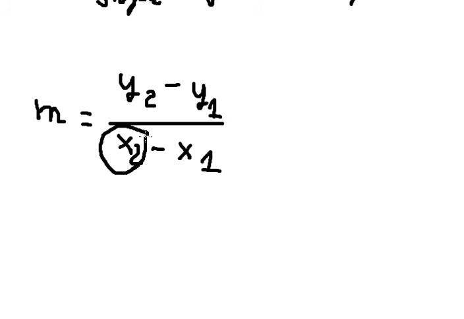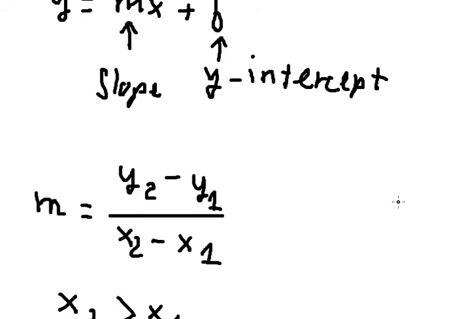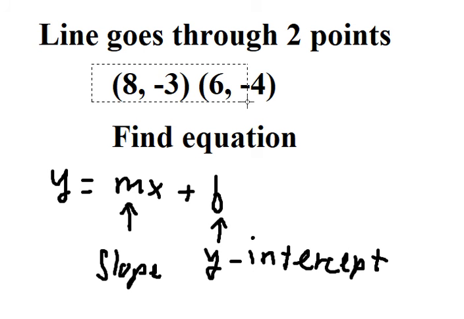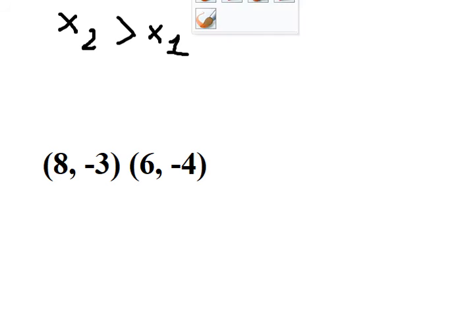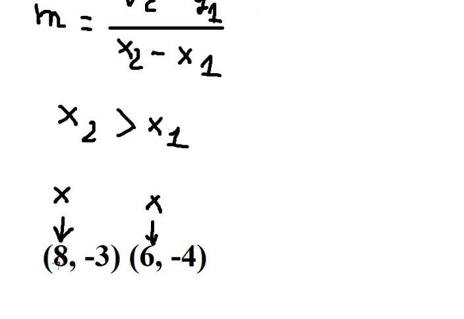We know that x2 is always greater than x1. Now let's go back to this one. So we know this is x, and this one is x. Now we have 8 and 6. Which one should be greater?